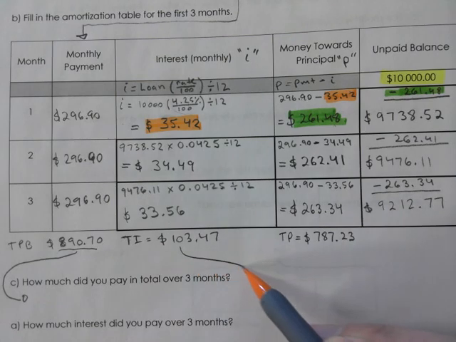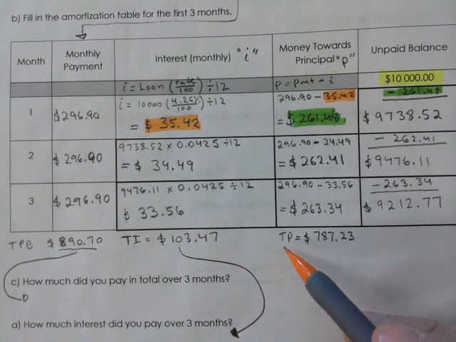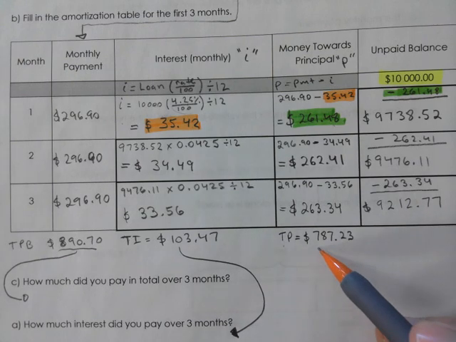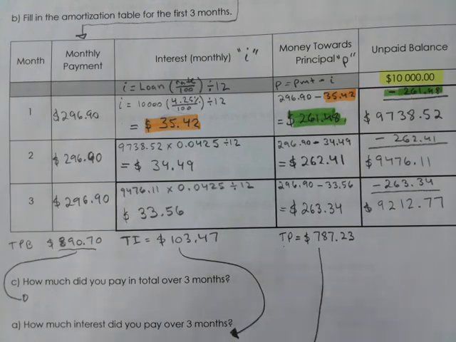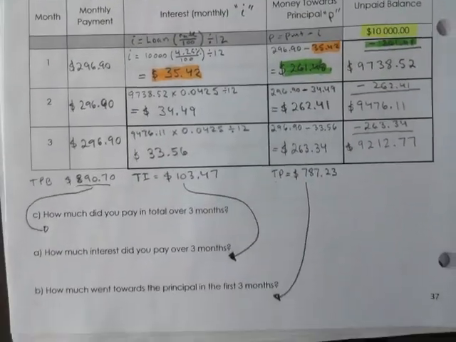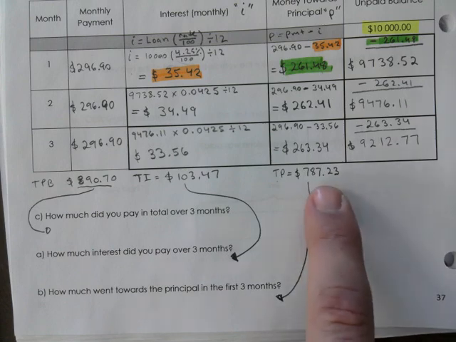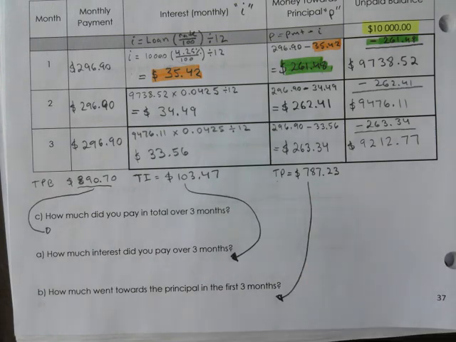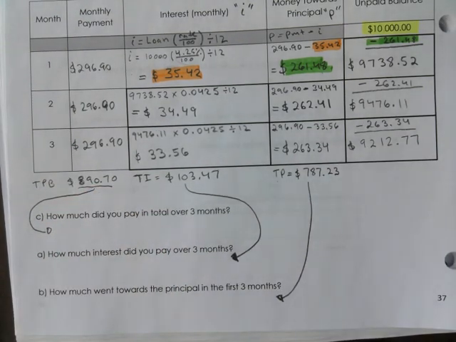Take this number, take it to B. And total principal, you take this number and that goes to C. You can't see that, right? There you go. And that's your total principal after 3 months, total interest after 3 months, total payments over 3 months.